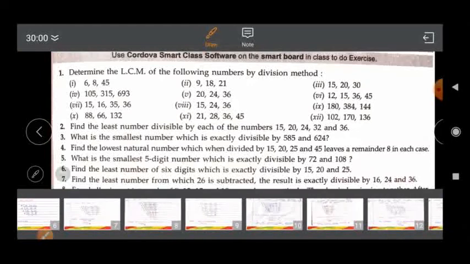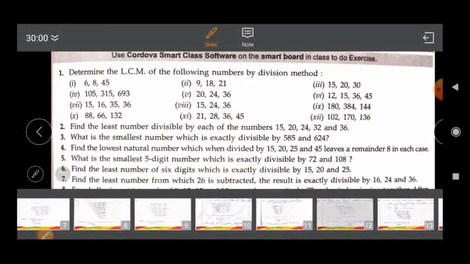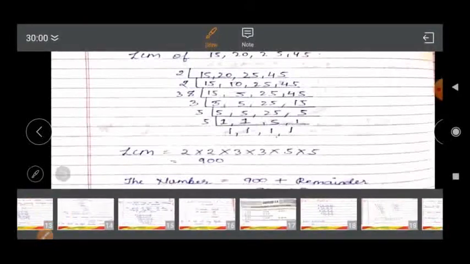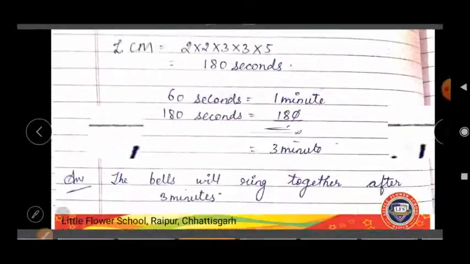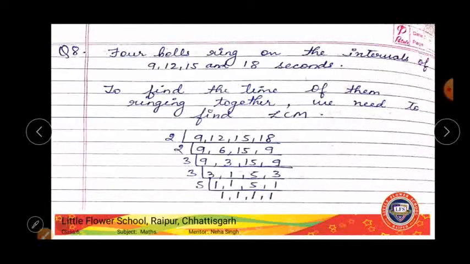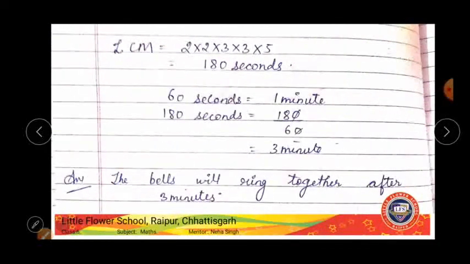So what we'll do, we'll find the LCM, since we need to find the common time when they will be ringing again. We'll find the LCM of the time intervals given, 9, 12, 15 and 18, right? The LCM is 180, and since the time is in seconds, the LCM is also 180 seconds.